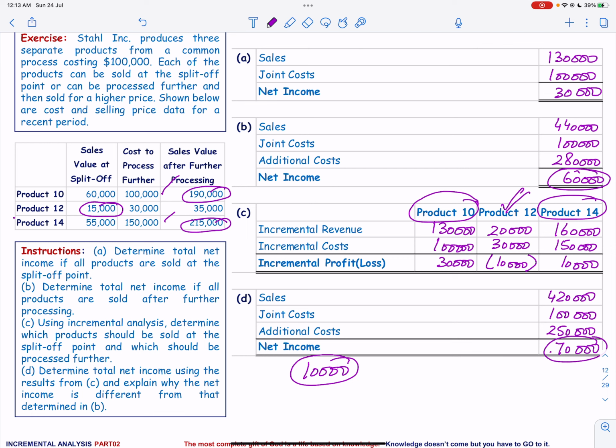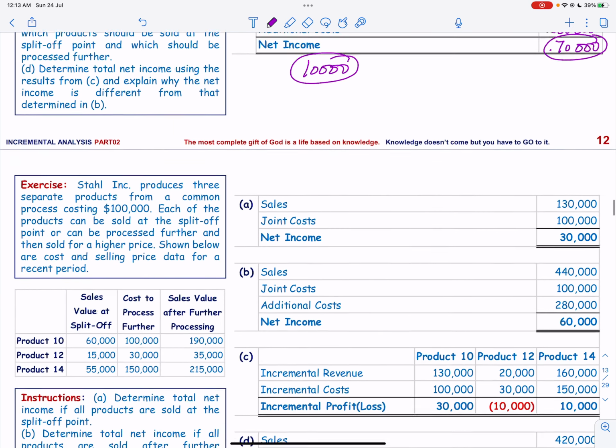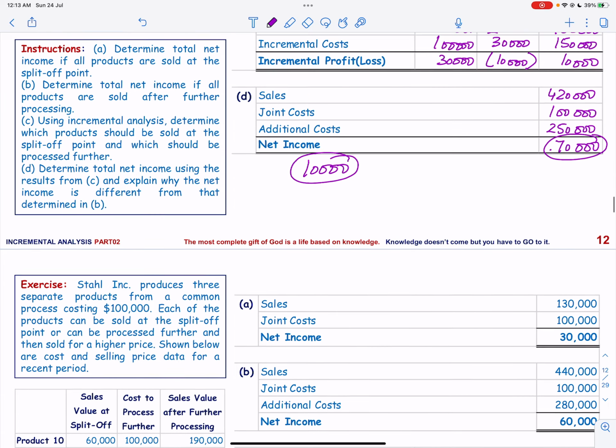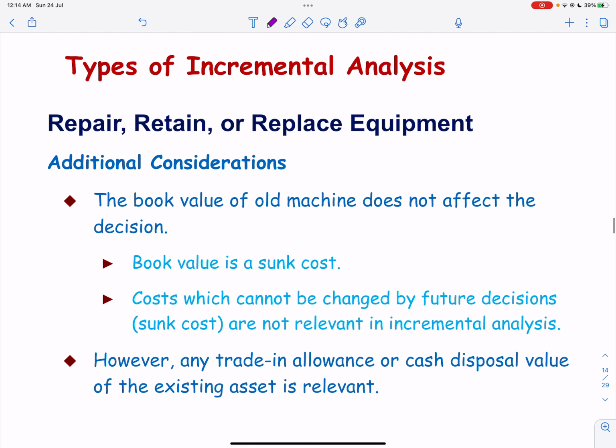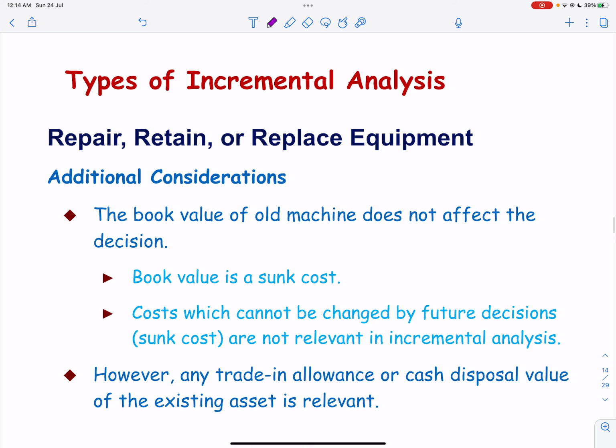Next, let us look into how to apply incremental analysis in case of repair, retain, or replace equipment decisions. Again, I have put this in an Excel sheet for your convenience in case you find it difficult to read my handwriting. For such decisions, management needs to decide what would benefit the company over a period of time.